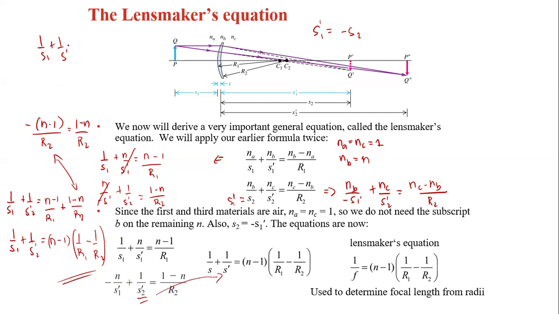So S prime will become, previously we derived this one F, so this will become now 1 over F equals n minus 1 times 1 over R1 plus 1 over R2. Okay, so this is what we call the lens maker's equation, used to determine the focal length from the radii.